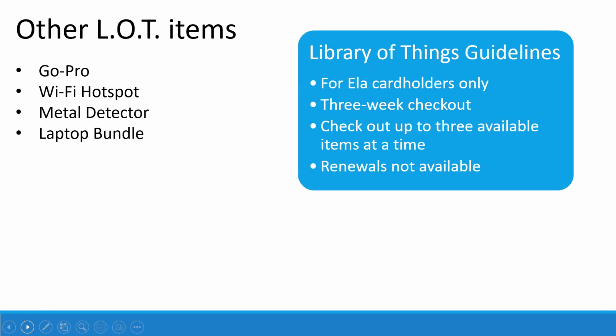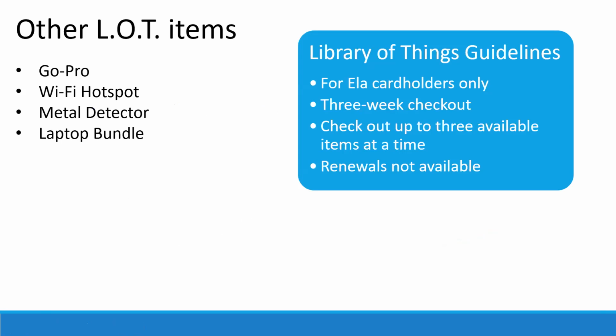All right, so finally, some of the other items that you might find interesting. We have a GoPro. That would be good for recording a family outing. We also have a Wi-Fi hotspot. I don't know if you'd use it for genealogy, but it's something cool to have.